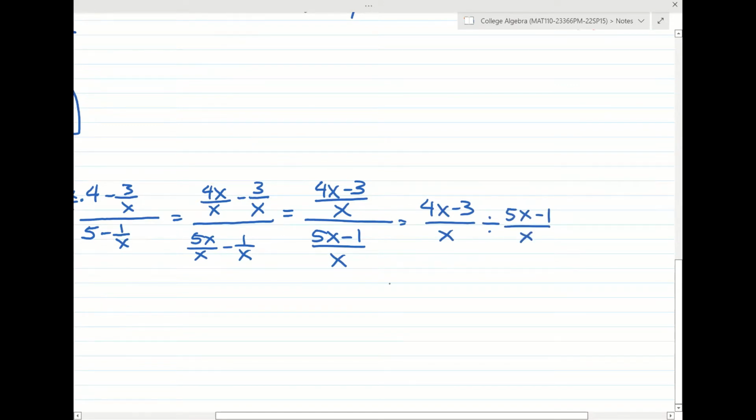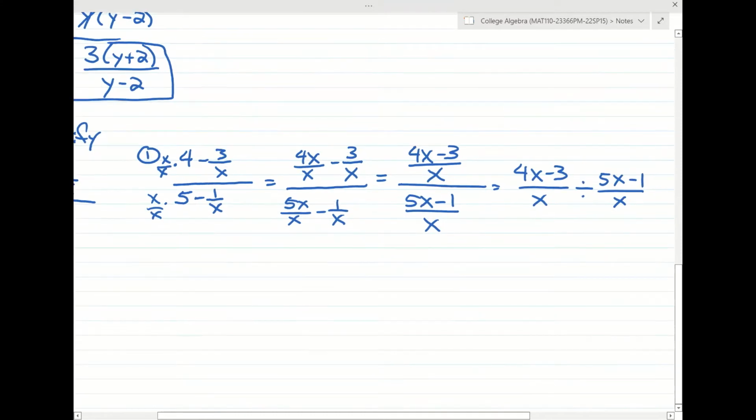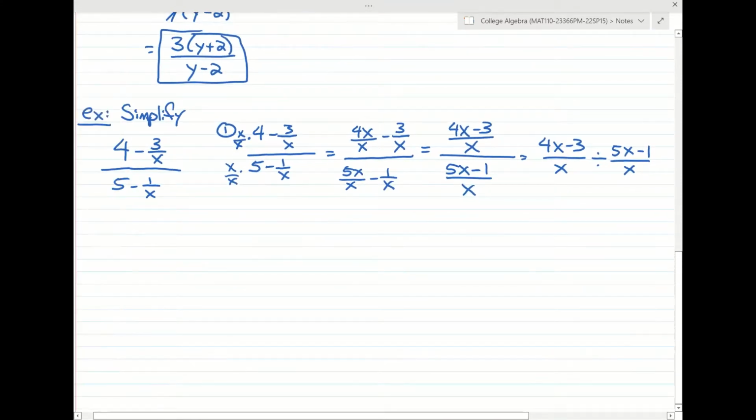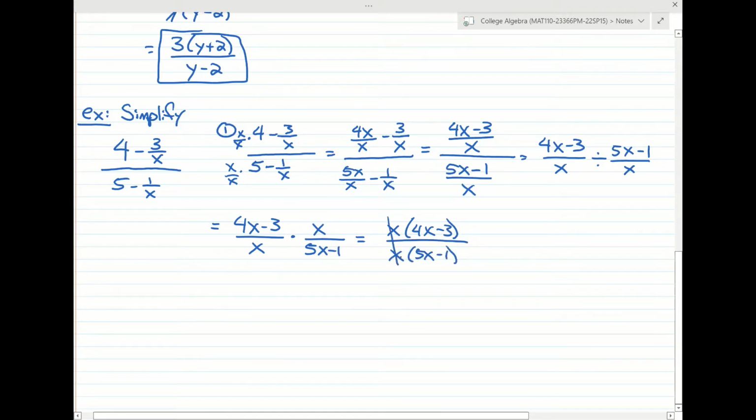This turns into 4x minus 3 over x multiplied by the reciprocal. x times 4x minus 3 divided by x times 5x minus 1 would give us the final answer of 4x minus 3 over 5x minus 1.